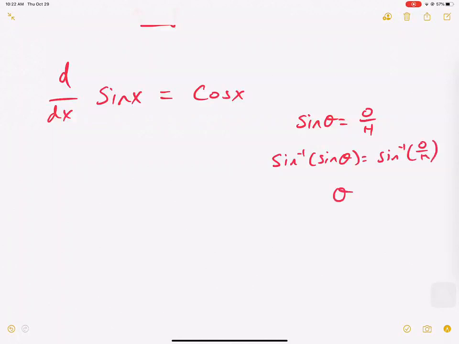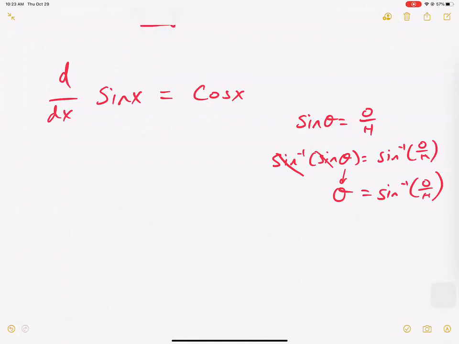And that gives us theta equals sine inverse. Okay, you guys remember that's the tool. Inverses cancel out whatever function you're trying to take the value of. So the sines cancel out, leaving you just theta. That's what inverses do.